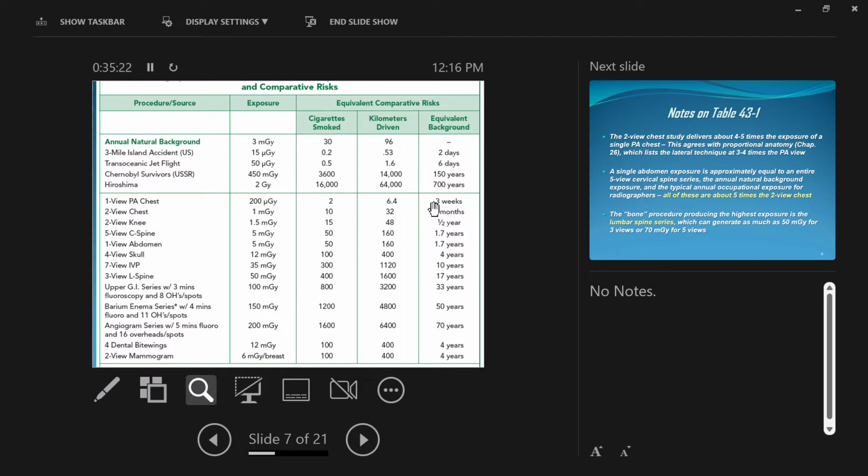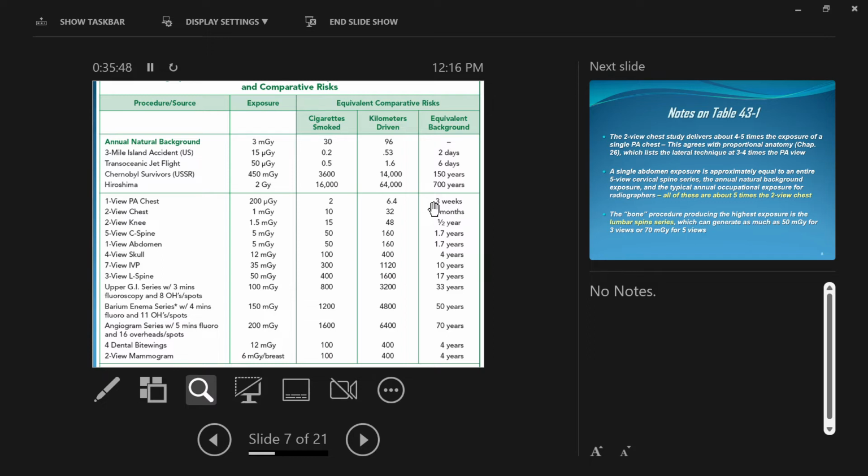And you're giving somebody 5 milligray for a single C-spine, cervical spine, your neck, 5 views of the neck. That's giving somebody 1.7 years of natural background. So you're adding on, roughly speaking, 1.5 years of natural background to their life just by doing that one exam.